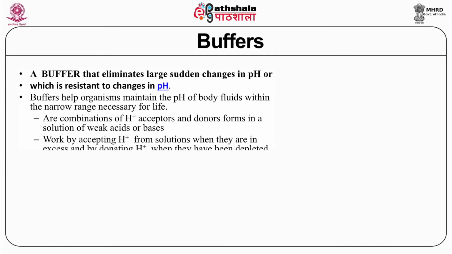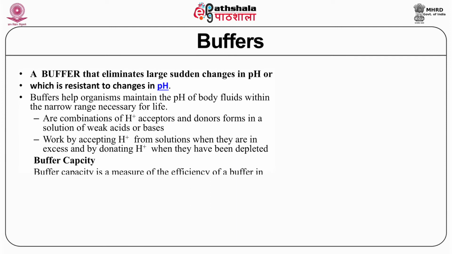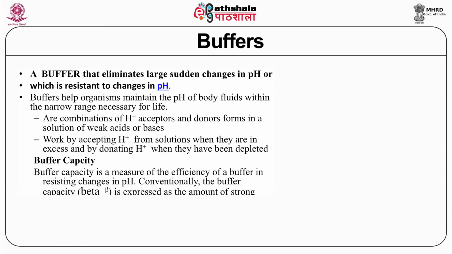So you want a condition where the pH is more or less maintained. That is what the buffer does. A buffer also helps the organism maintain the pH of body fluids within a certain narrow range. It does not mean that it takes care of a large range; it maintains the pH within a narrow range.